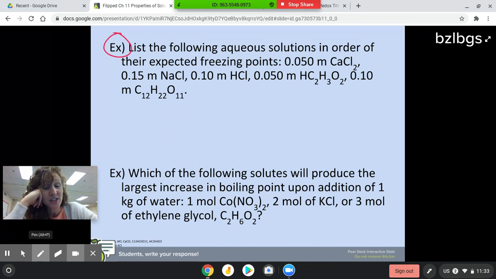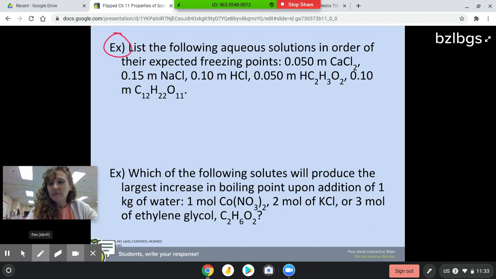But it's not just their concentration, because every single one of these concentrations is listed in terms of the compound or the molecule. So what's the second thing that we need to consider in this problem? The ions. Yeah, exactly. How many ions it splits into.